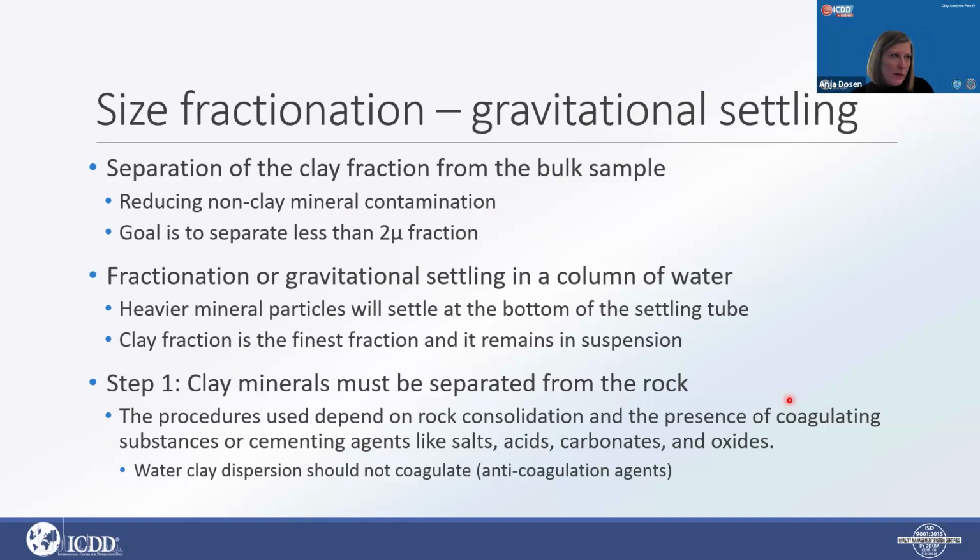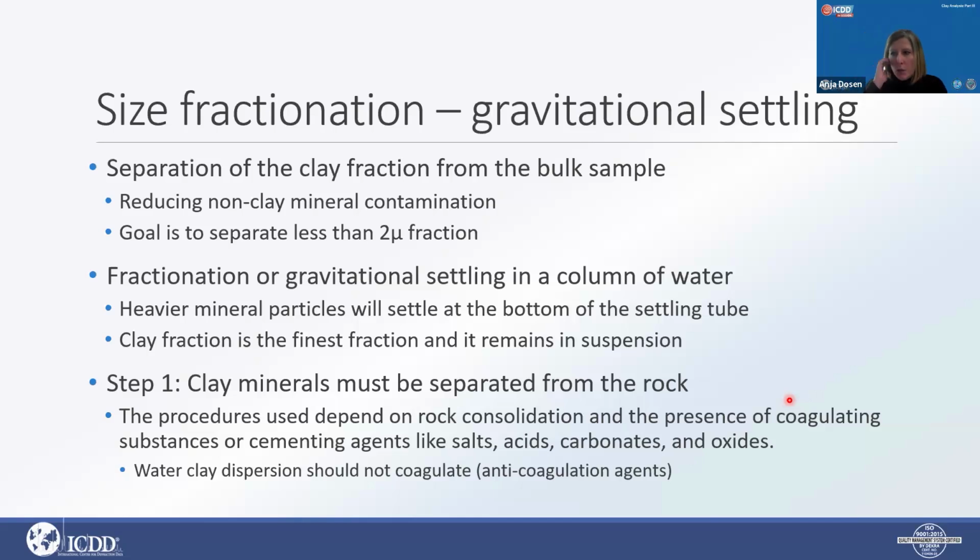We're going to reduce the presence of highly crystalline phases, and we're going to work within the clay particle size range. That fractionation is gravitational settling in a column of water, so heavier particles are going to fall faster, and the clay fraction is going to stay in suspension.